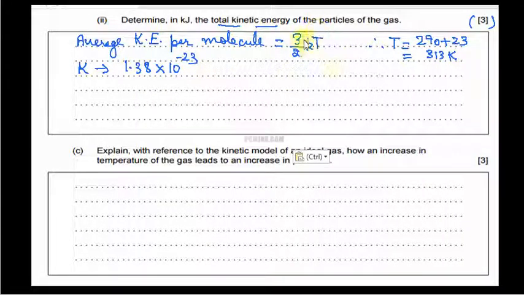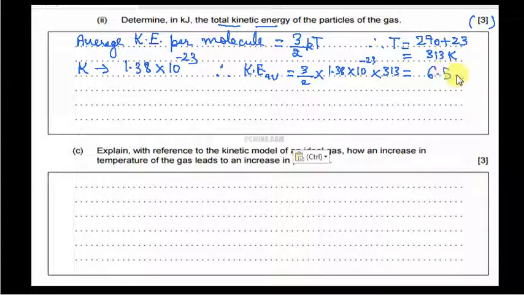So we have both the values, therefore we get the average kinetic energy. You'll write as KE average per molecule is 3 upon 2 times k, that's 1.38 times 10 to the power minus 23 times T, that is 313. So multiplying this, you would get 6.5 into 10 to the power minus 21.